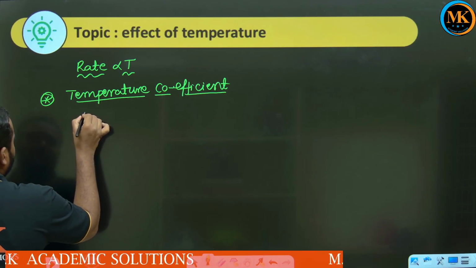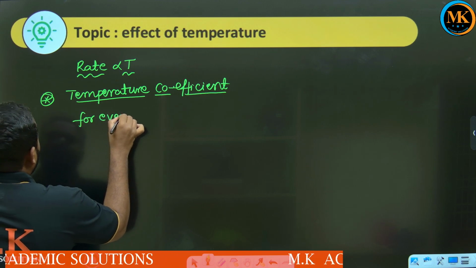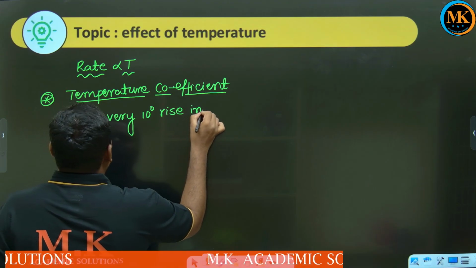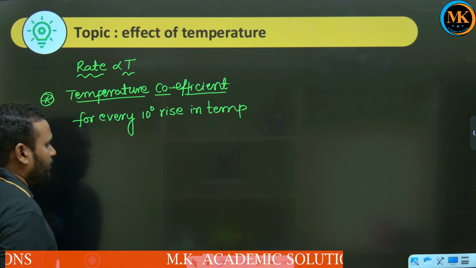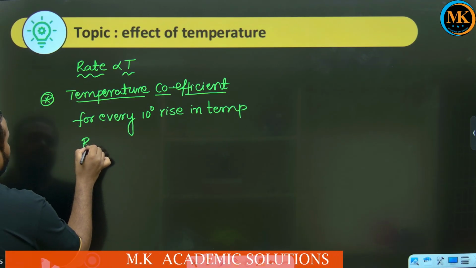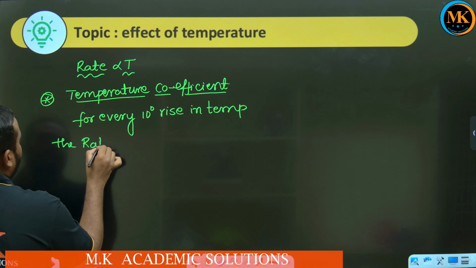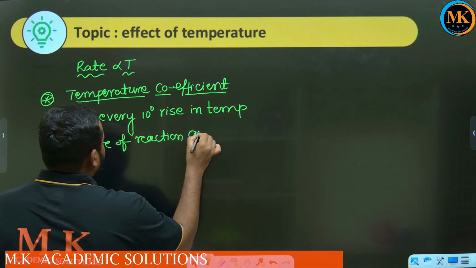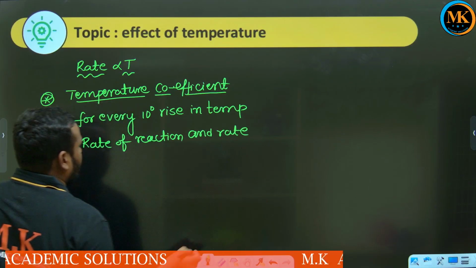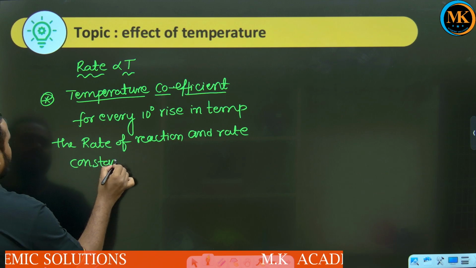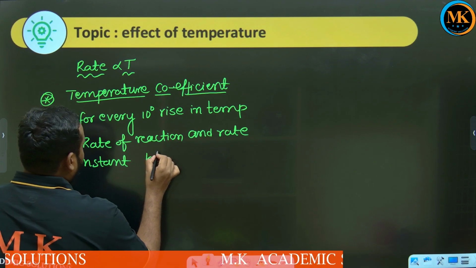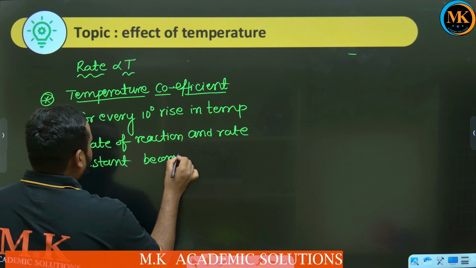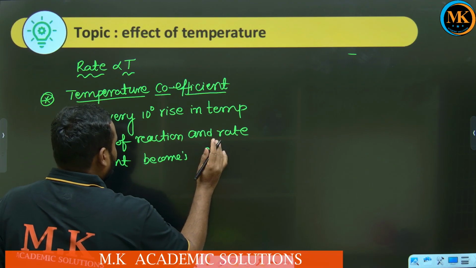For every 10 degree rise in temperature, the rate of reaction and rate constant become double, twice or thrice.